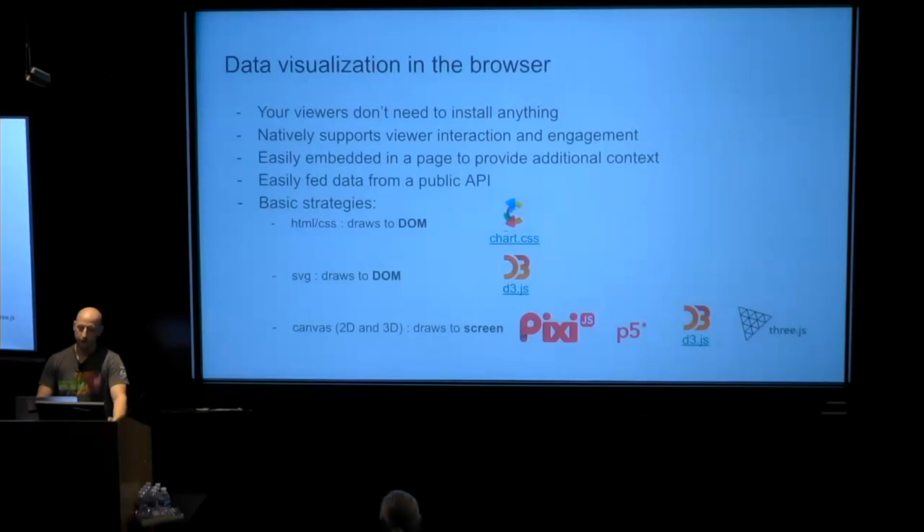There are three kinds of ways of doing data visualization in the browser. In the old days, people would use HTML and CSS, and you can still do that. This method will draw to the actual DOM. Everybody knows what the DOM is, the Document Object Model. A browser is essentially this big hierarchical graph of elements, and it draws those elements in a draw order.